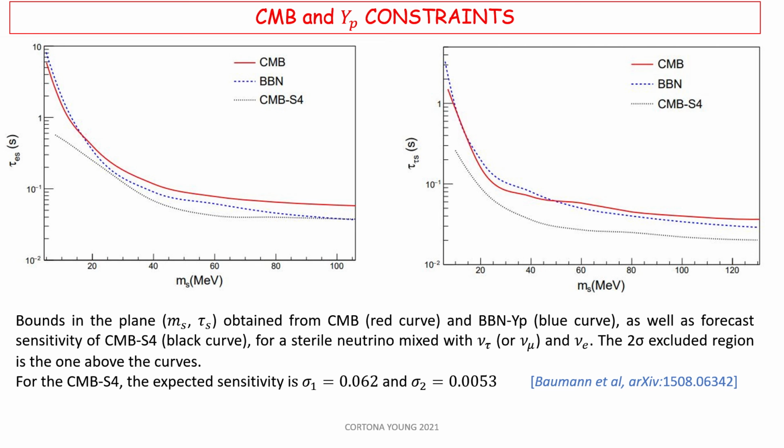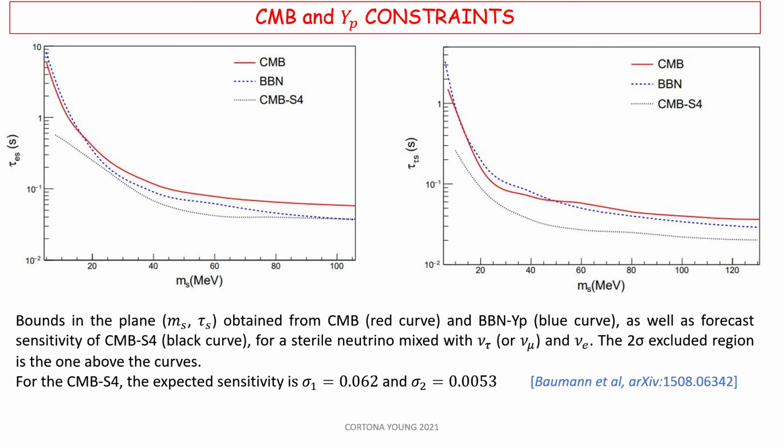We see that the CMB bounds are stronger for light mass until 30 MeV, while the BBN bounds are stronger for heavier mass. Moreover, in black, we have also plotted the forecast for the CMB S4 experiment.